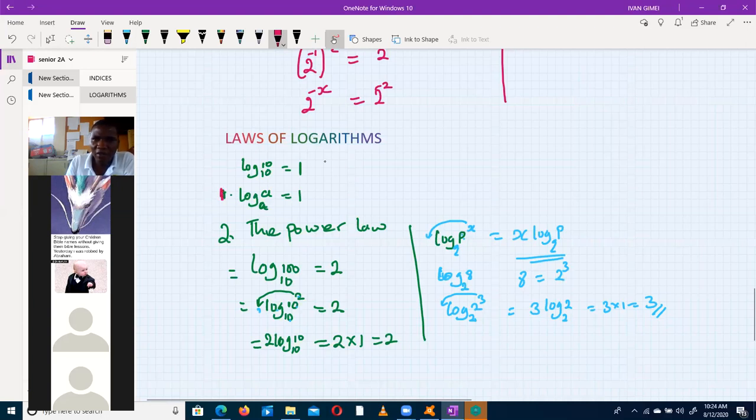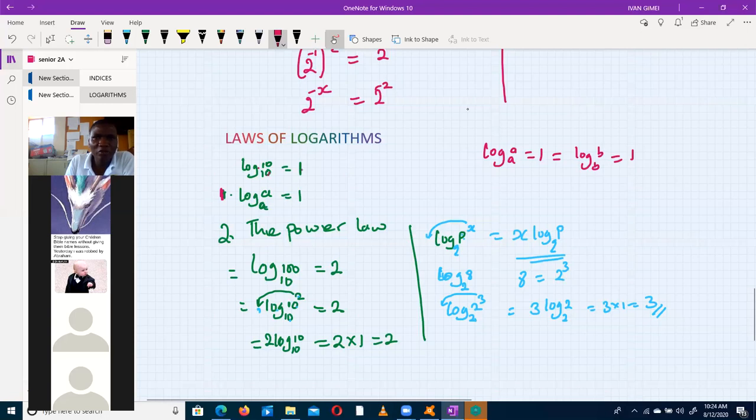From the first law, we're saying log of a base a is the same as 1, and log of b base b is also the same as 1. What we're saying, if I have log of 10 base 10, we're simply saying 10 to the power 1 is the same as 10.